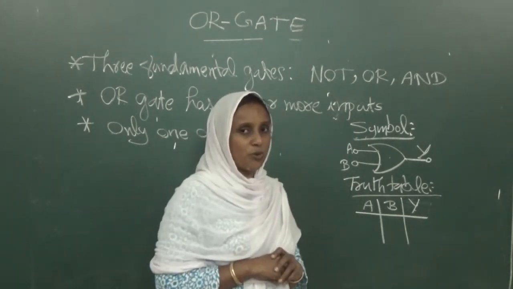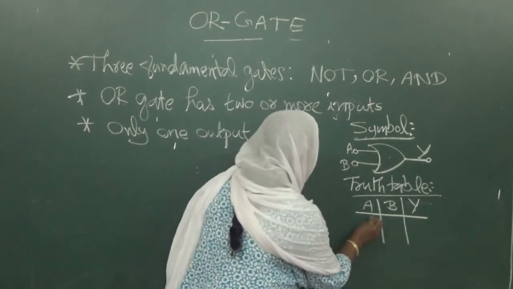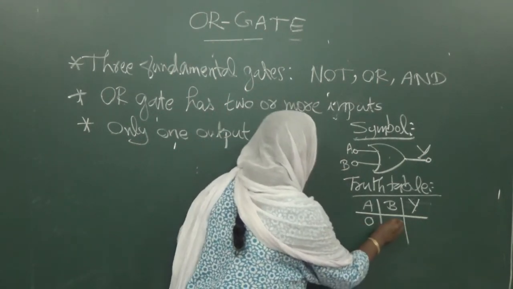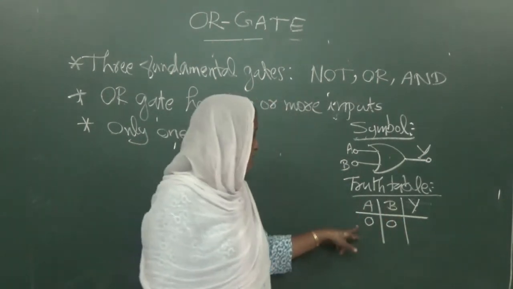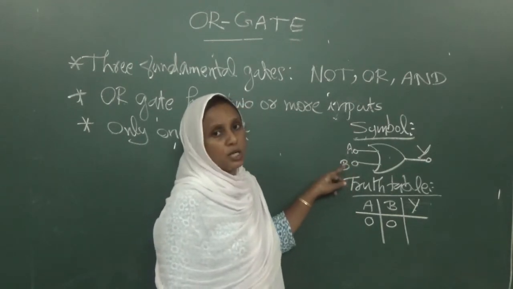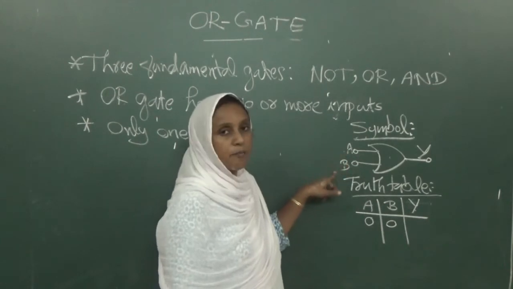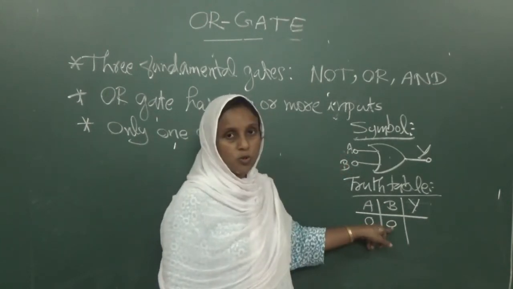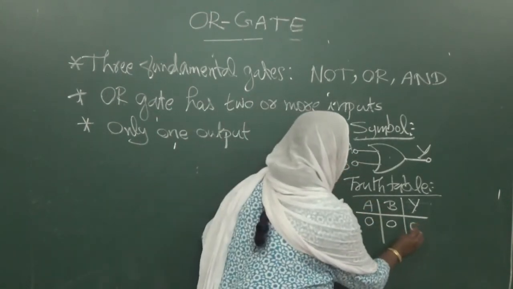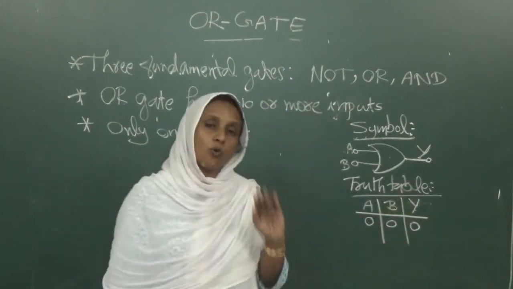First number is 0, right? So we write here 0, 0. What does it mean? It means both these inputs A and B are low. 0, 0. Then we get here 0. Output is also low.